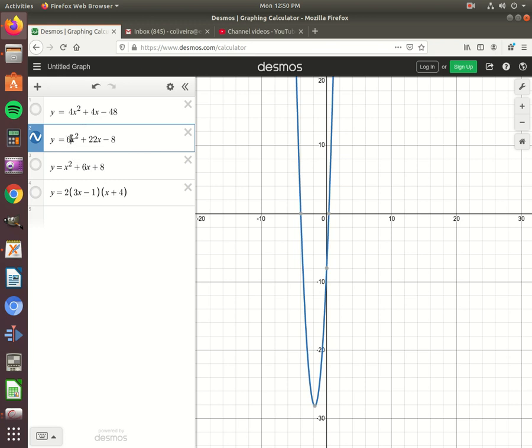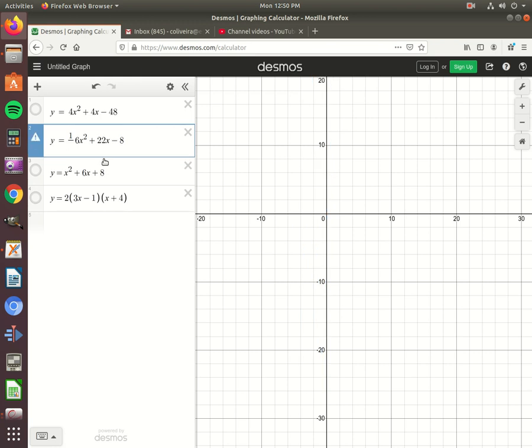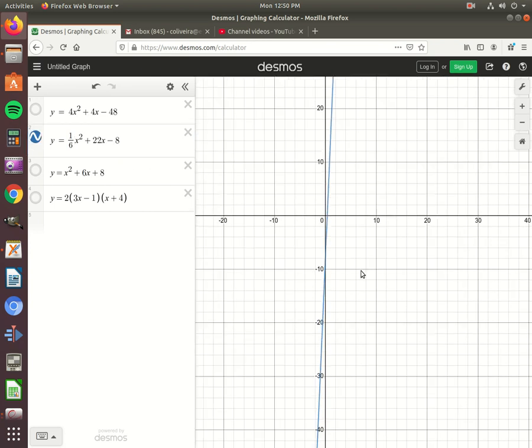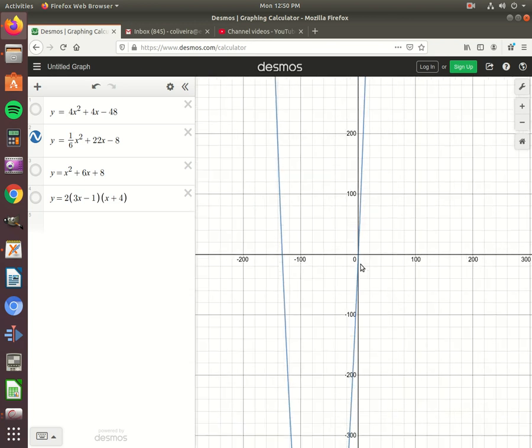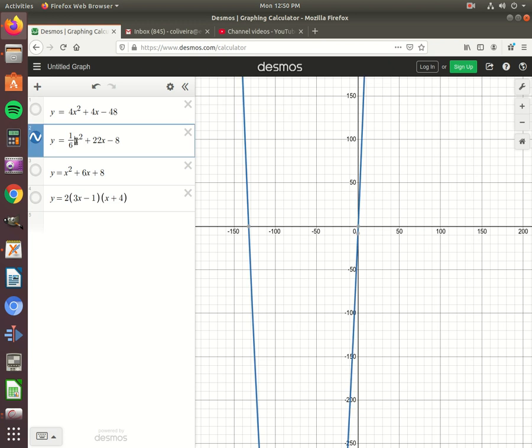Another thing I wanted to point out, let's say it's flat. What if instead of 6 it was 1/6? So you can see, actually, I didn't do what I wanted it to. I think some of these other numbers are screwing that up.